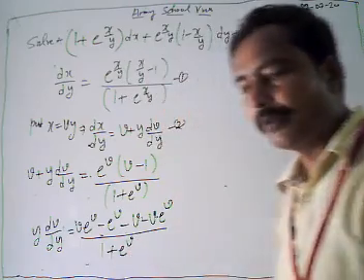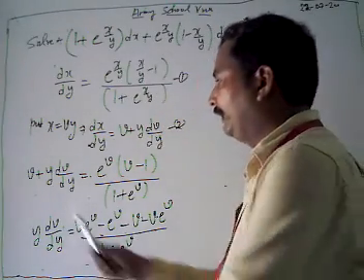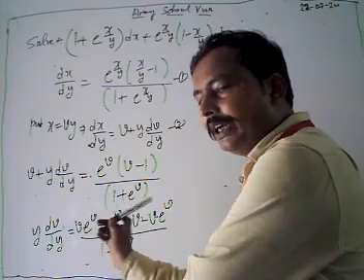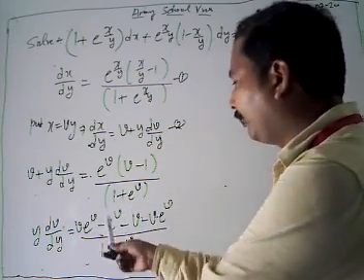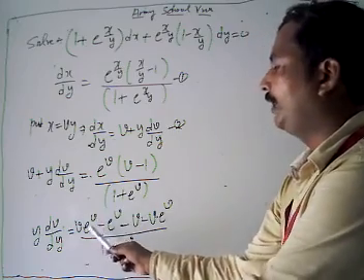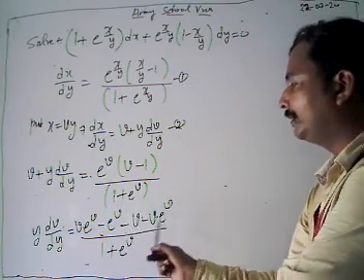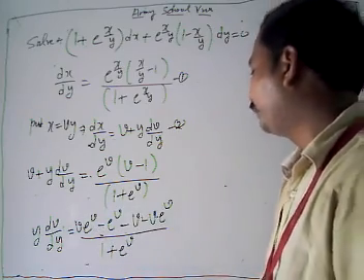Look again, I am going to revise how we get this. We transpose this v to the right hand side and take LCM with 1 plus e to power v, and the whole right hand side is v e to power v minus e to power v minus v minus v e to power v.